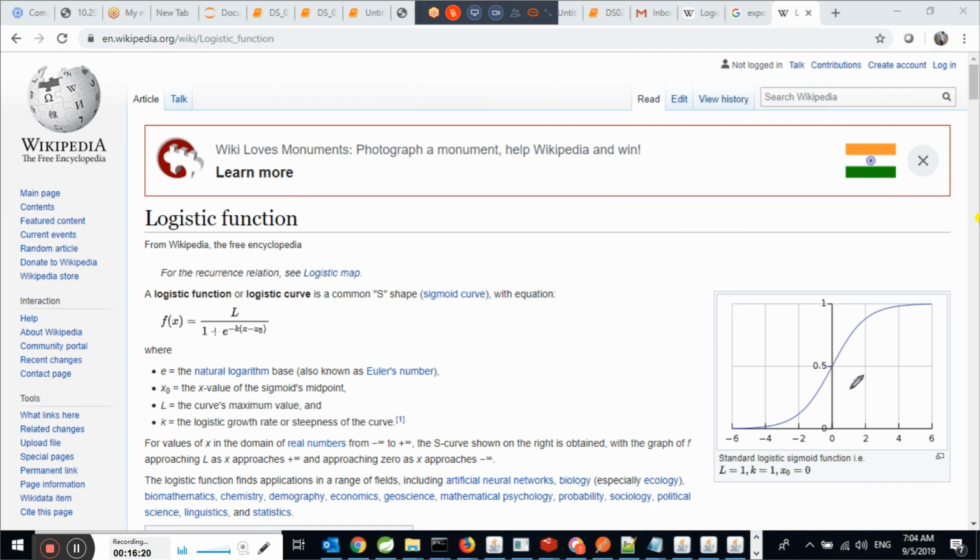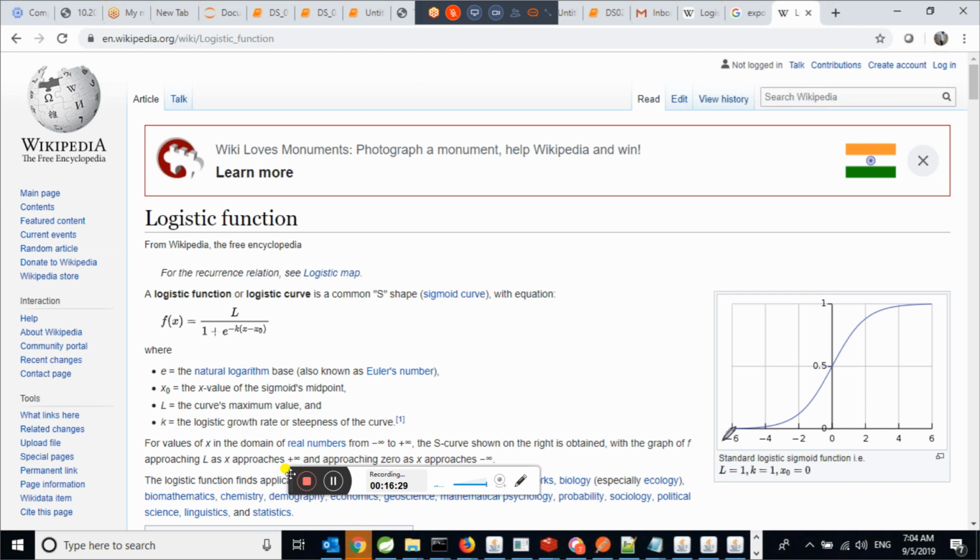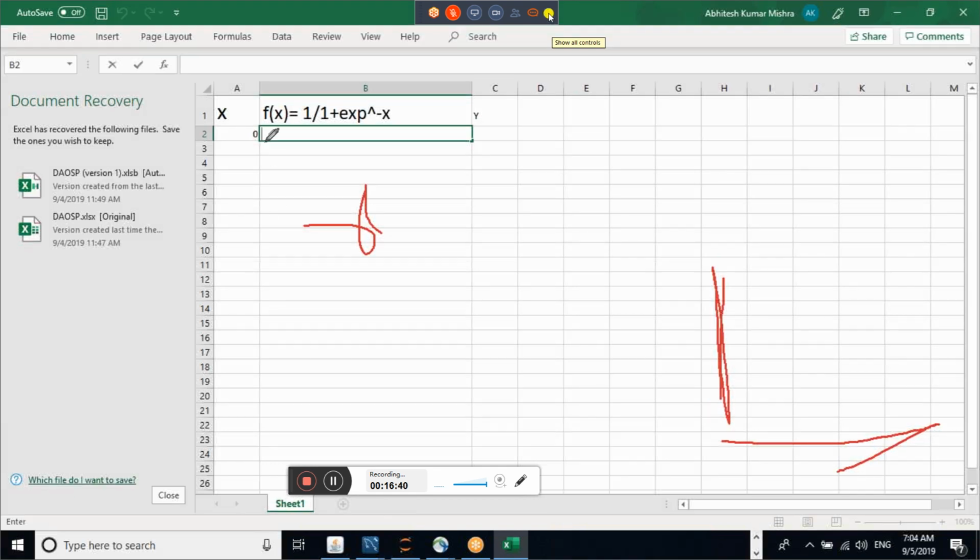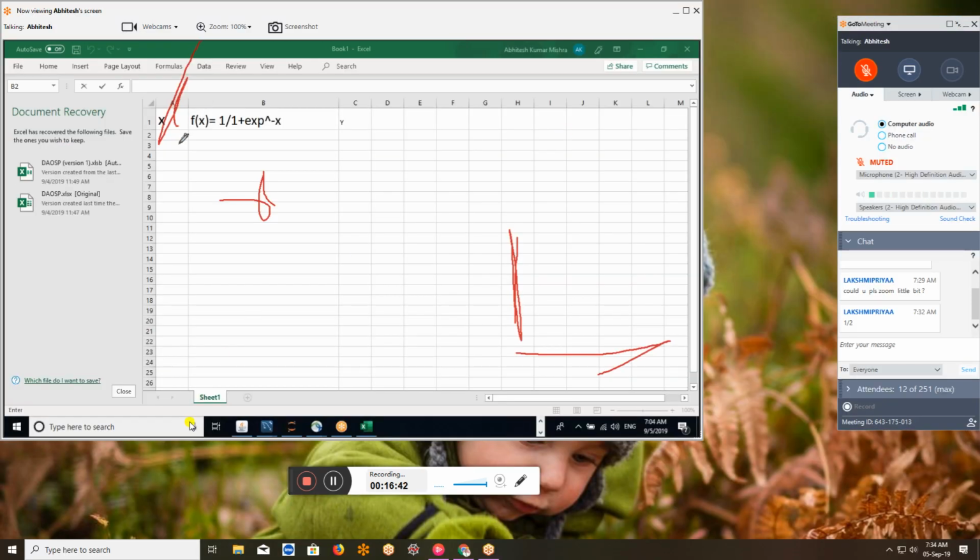You can say this is our x-axis and this is the y-axis. I'm putting the values on the x-axis: 0, 1, 2, 3.